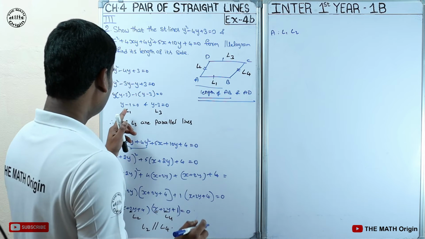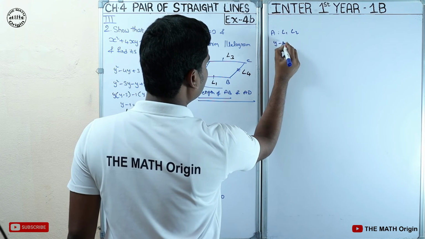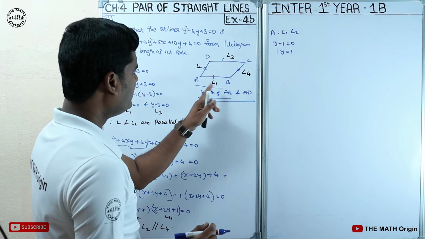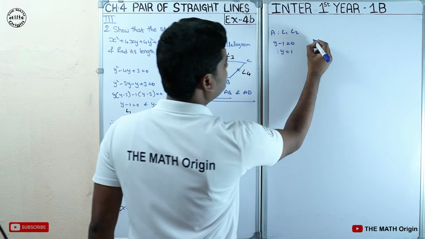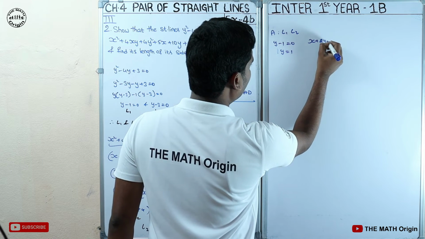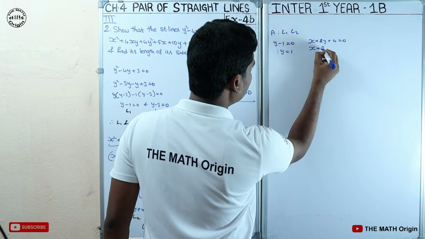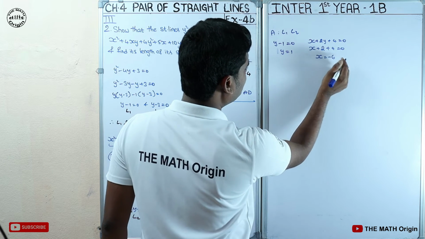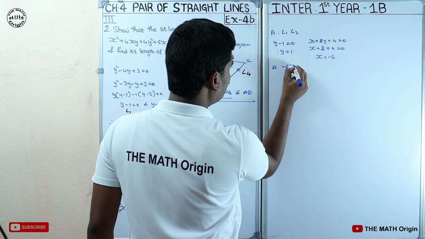L1 value is y minus 1 equals 0. Therefore, y equals 1. L2 equation is x + 2y + 4 equals 0. So we have y equals 1, so x + 2 + 4 equals 0, x equals minus 6. Therefore, A equals (minus 6, 1).